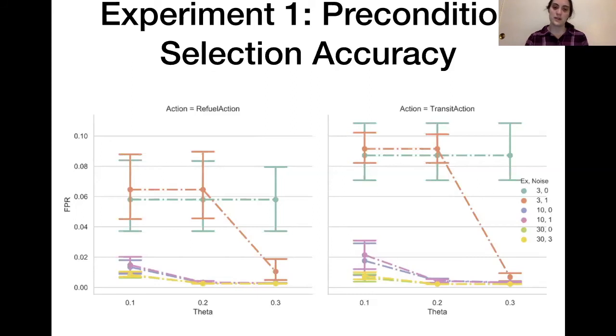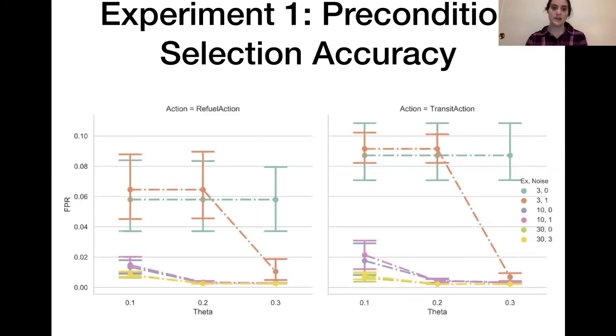We also add some noise examples, which are examples that are marked positive but actually lack one of the important preconditions. And we try to learn both without any noise examples and with some number of noise examples.